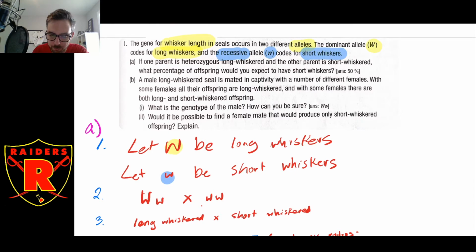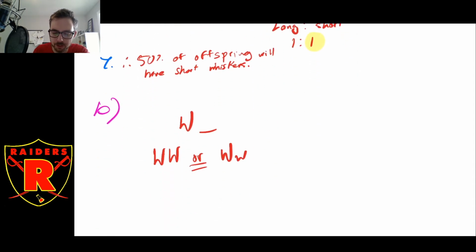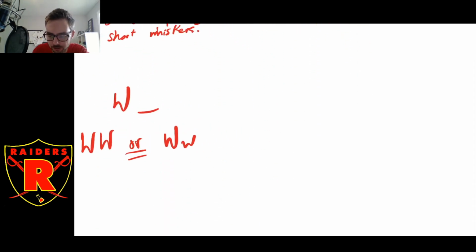And then we've mated it with some females. Some females, all their offspring are long-whiskered, and some of the females have offspring that are both long and short. So we know this is going to be a cross with a whole bunch of different ones, but some of the females are going to be long-whiskered.